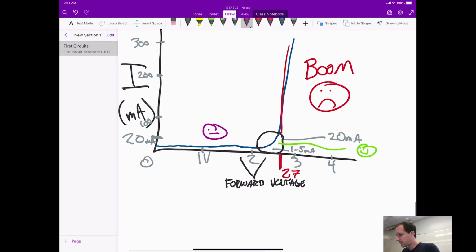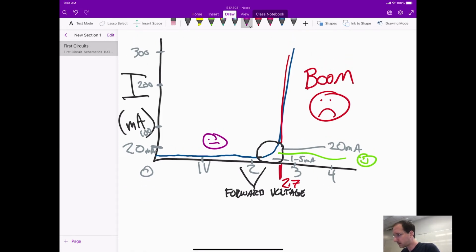And so again, there's this sweet spot in the middle where it's generating enough light that it's going to be seen by somebody with eyeballs like you and me without blowing up, but it's not got too much current to just explode, and it's not got too little to not generate anything at all.